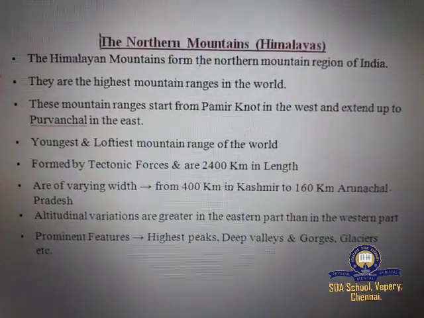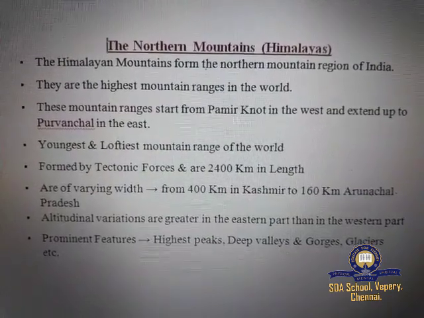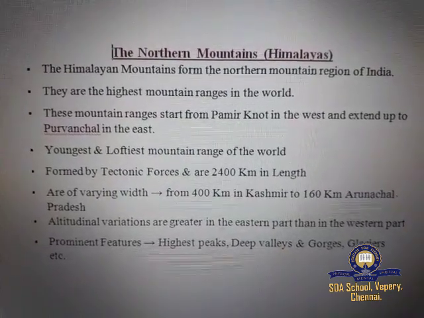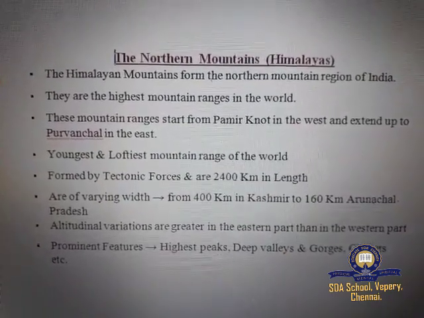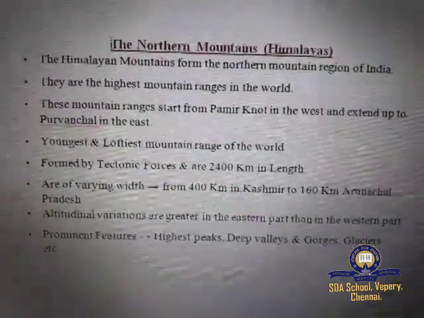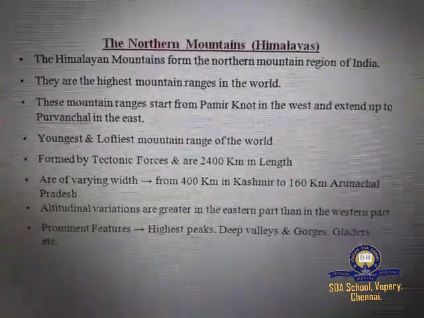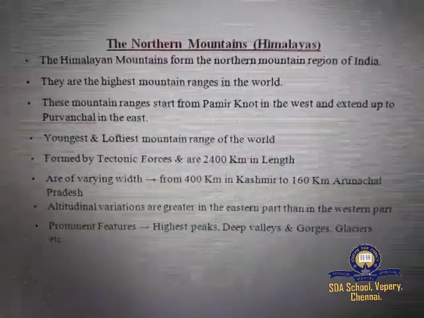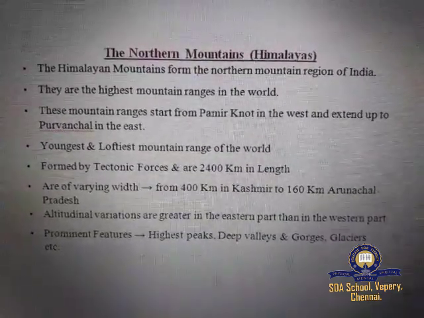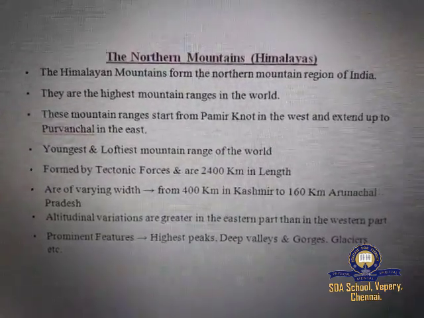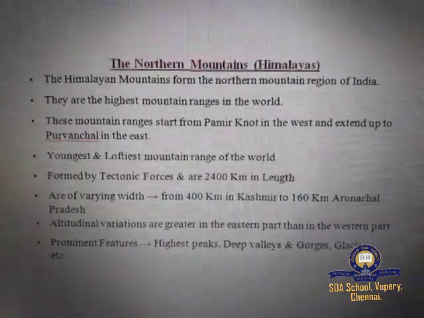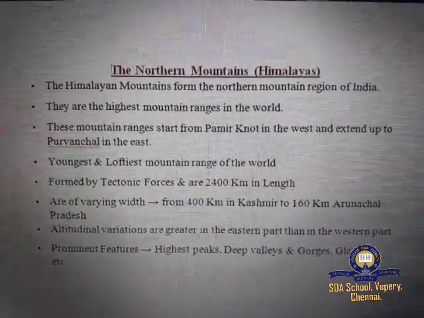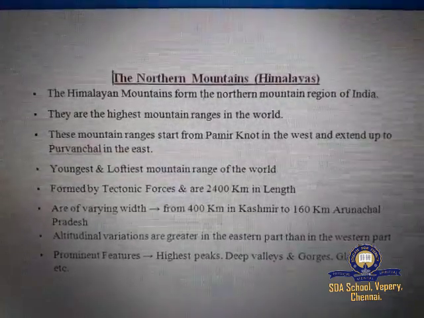Himalayan mountains. The Himalayan mountains consist of the youngest and the loftiest mountain chains in the world because they have been formed only a few million years ago, and also because of the folding of the earth's crust due to tectonic activity.